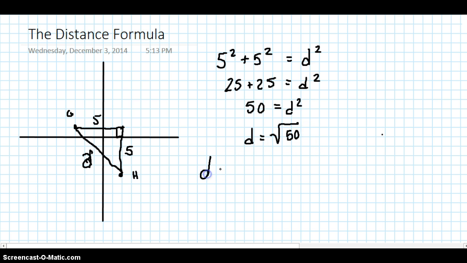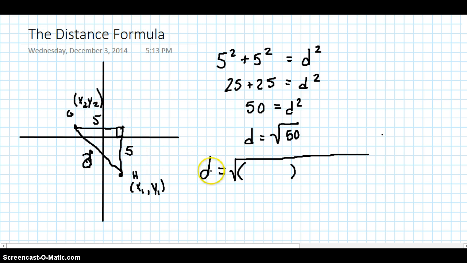Let's say that we have d equals the square root of what we just did. So we essentially had 5 squared plus 5 squared, which was actually the distance from the point on H. So let's say point H is x1, y1, and the point G is x2, y2.